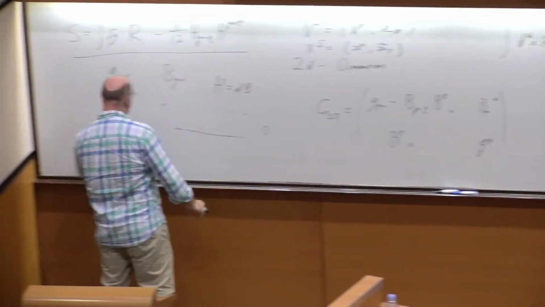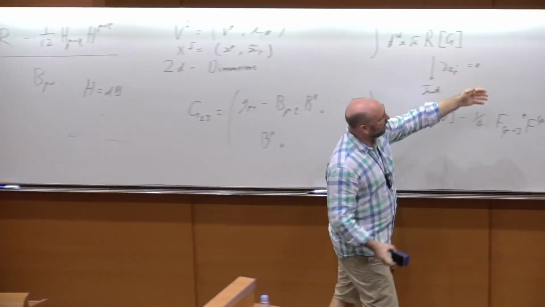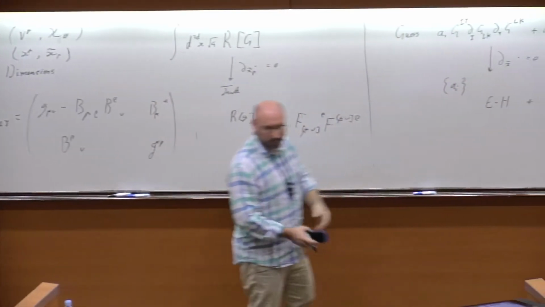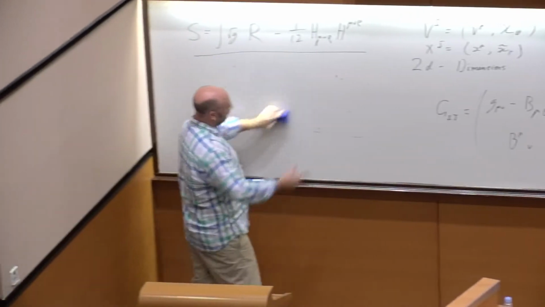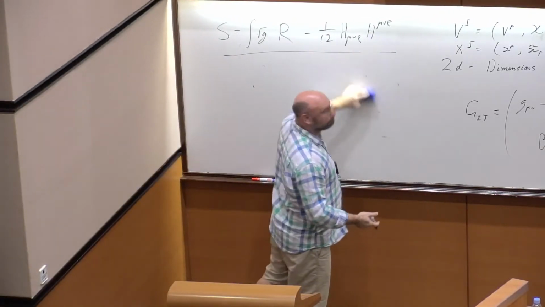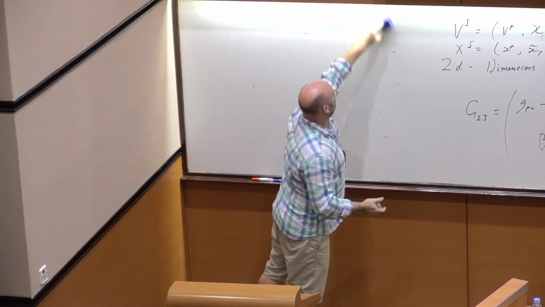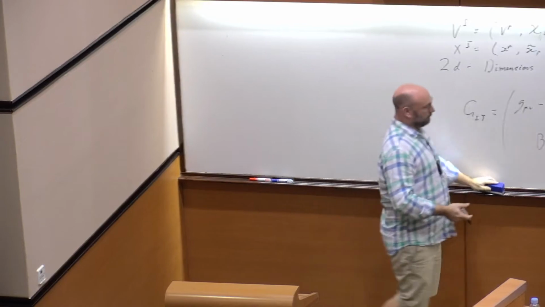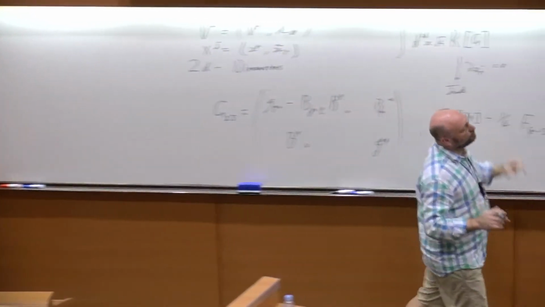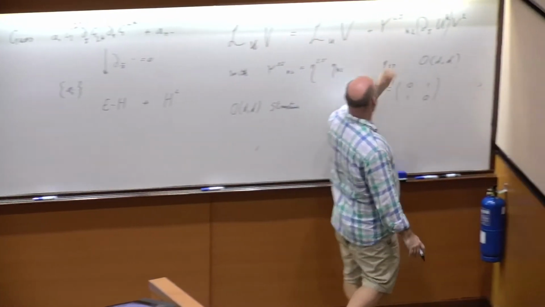So now we've got this. The next step, I check that this action is invariant under it, and you then ask yourself if this closes. Okay? So I've constructed a theory, I've got a local symmetry, I've got some sort of geometry in the sense I'm doing coordinate transformations that preserve eta.